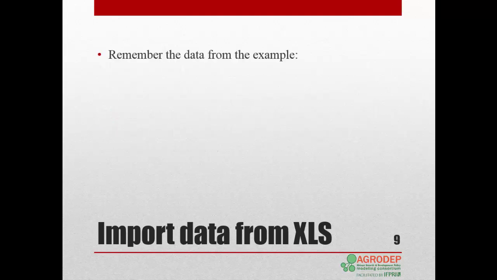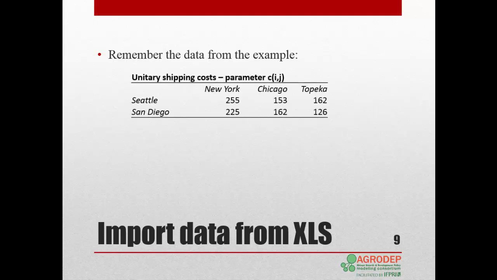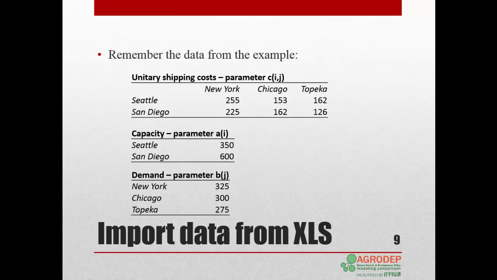In Lesson 2, if you recall, the transport model required the following data: the unitary cost of shipping, parameter C, the production capacity of each plant, parameter A, and finally the demand by each market, parameter B.